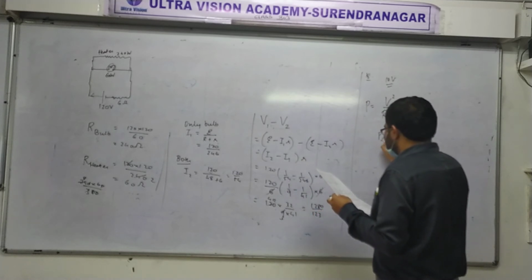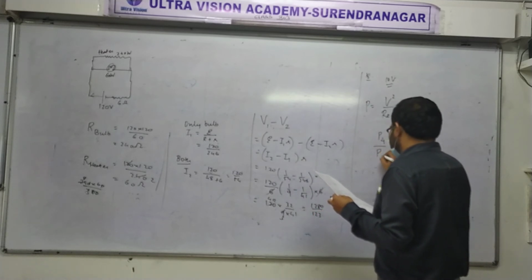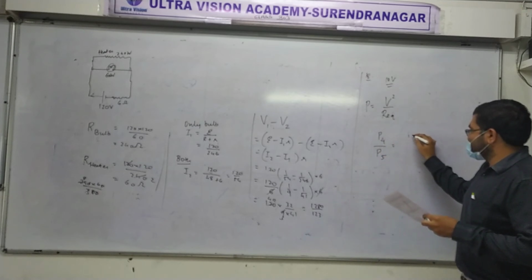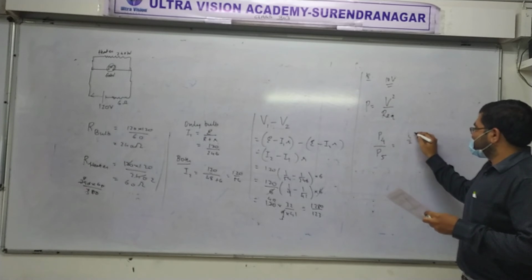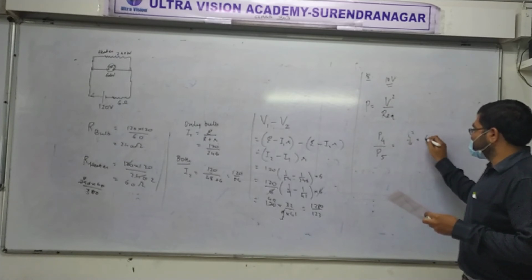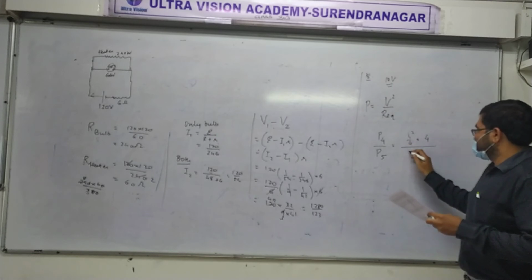Power in the 4 ohm upon power in the 5 ohm is equal to current in the 4 ohm, કેટલું છે, I1 by 2 square, એટલે 4 into resistance is 4, divided by I1 square into R.